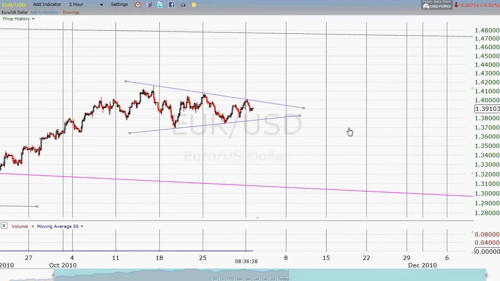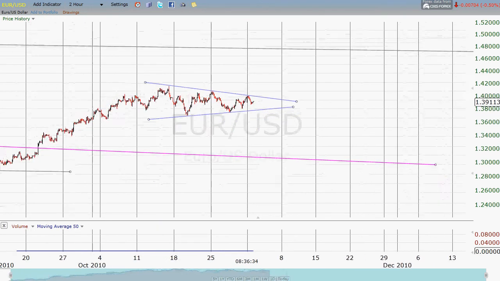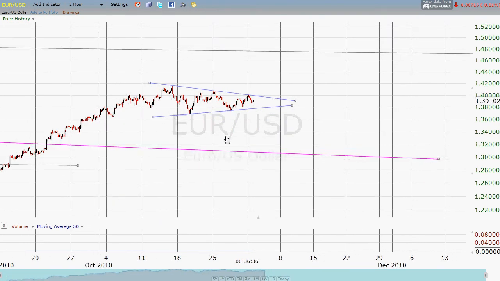Now let's pretend just for a minute. By the way, just so you know, a symmetrical triangle, wherever it forms, has a greater chance of being a continuation than it does of being a reversal. It's not a lock, but it has a greater chance of continuing the move that led to it than reversing it.